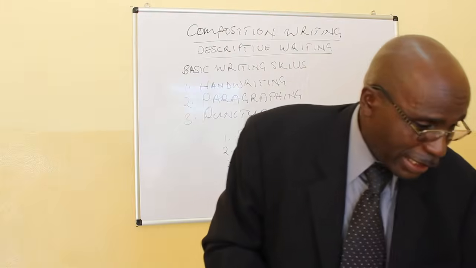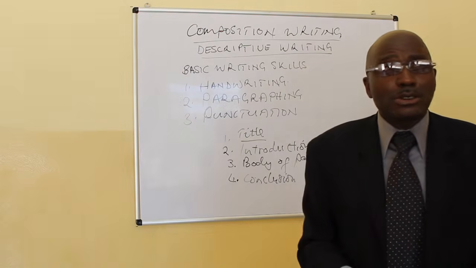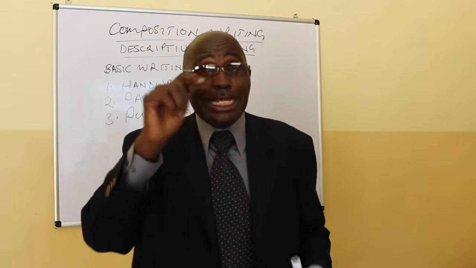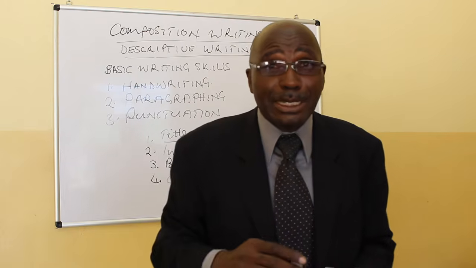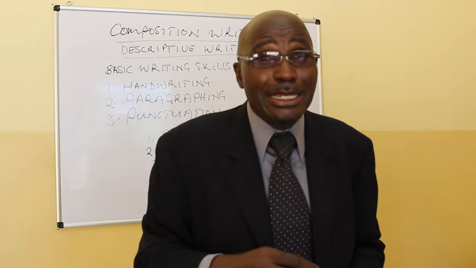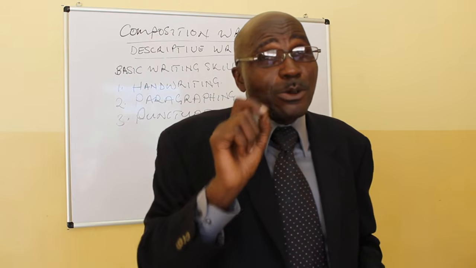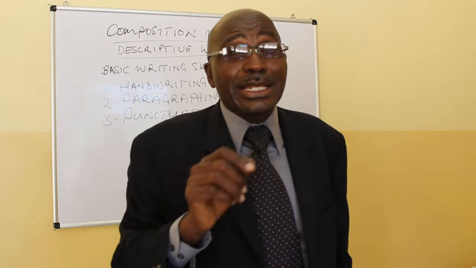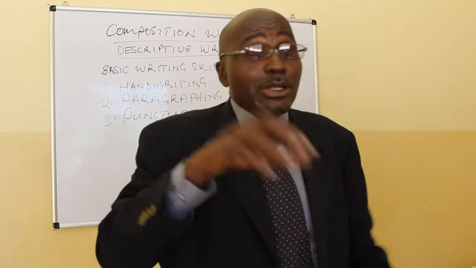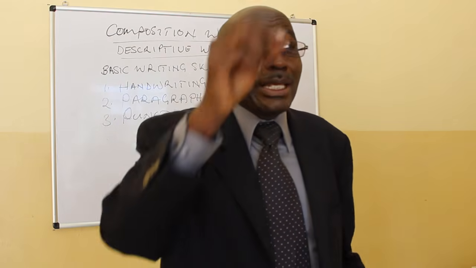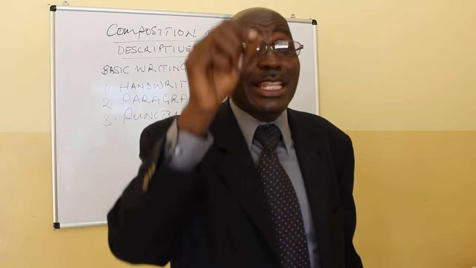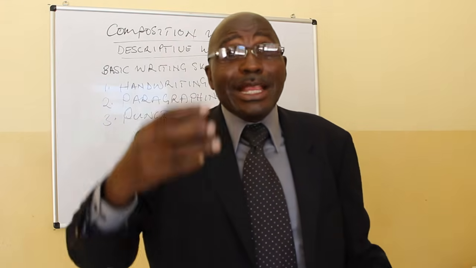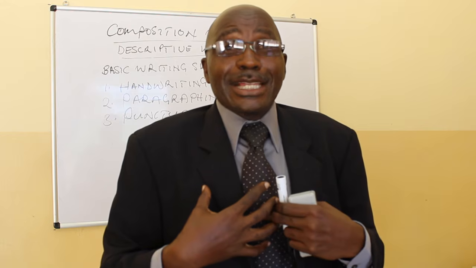And one clear example that I could give you: sometimes you are told, can you go and call such a person from your class, and you have never seen that particular person. But the one who sends you will tell you, when you go to class A, you will find a girl, because there are so many girls there. Then for you to know who that girl is, you are told that this girl is tall, light-skinned, and is wearing a red jersey.